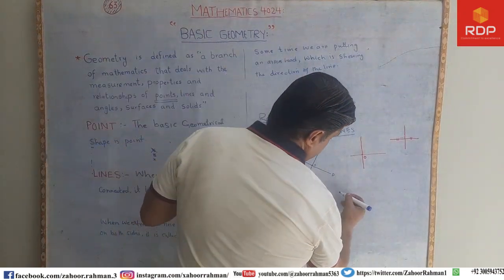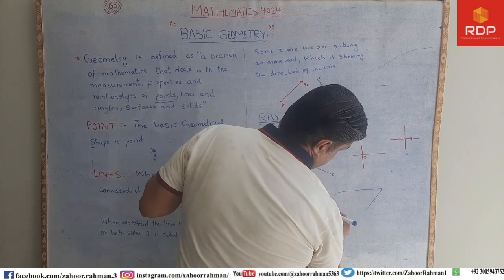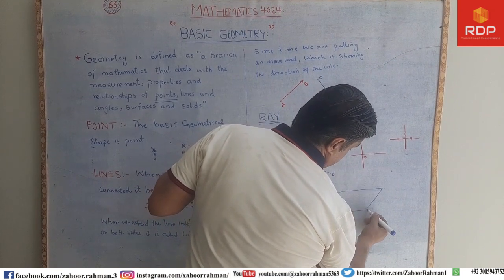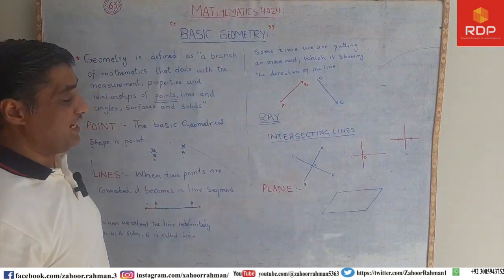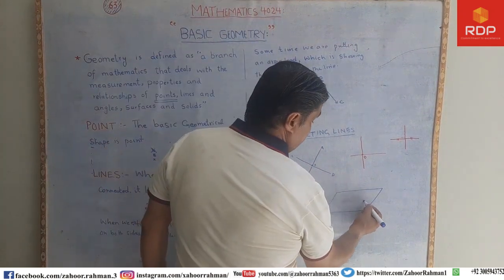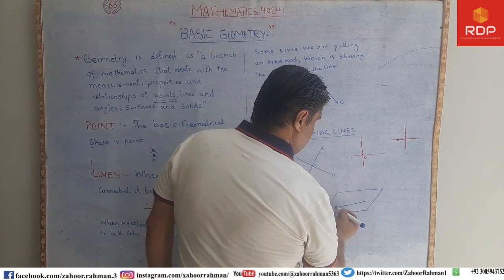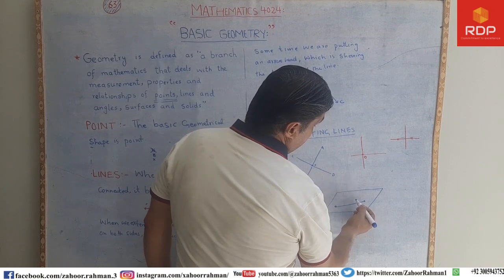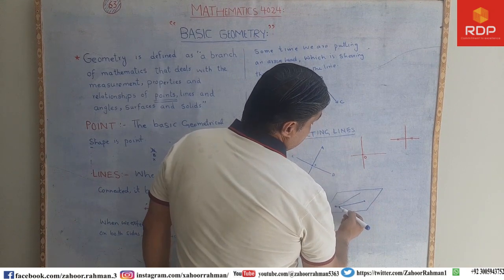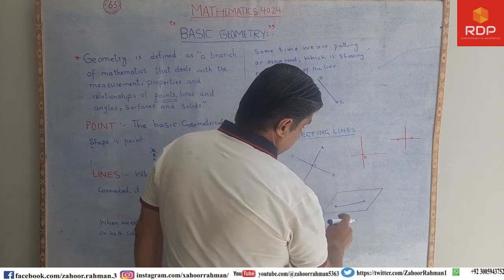So remember that surfaces are always two dimensional. When we are connecting these two points by a line, then it is totally lying on the surface.